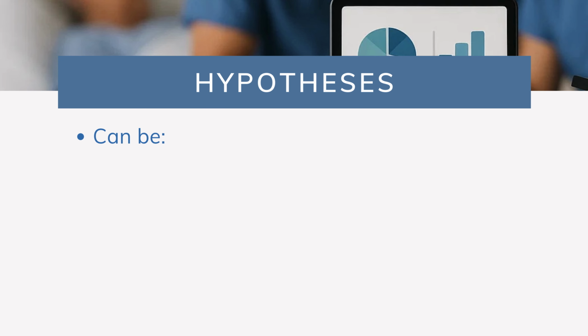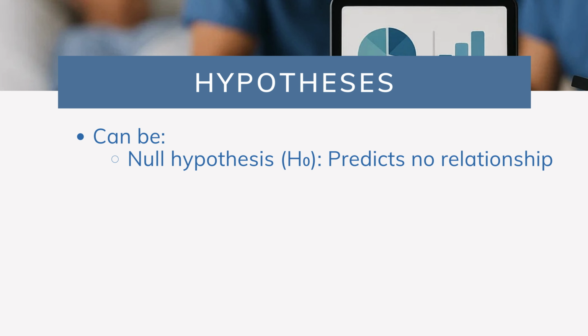There are two main types of hypothesis you need to understand: the null hypothesis and the alternative hypothesis. Let us begin with the null hypothesis, symbolized as H naught or H0. This hypothesis assumes that there is no relationship or no effect between your variables.